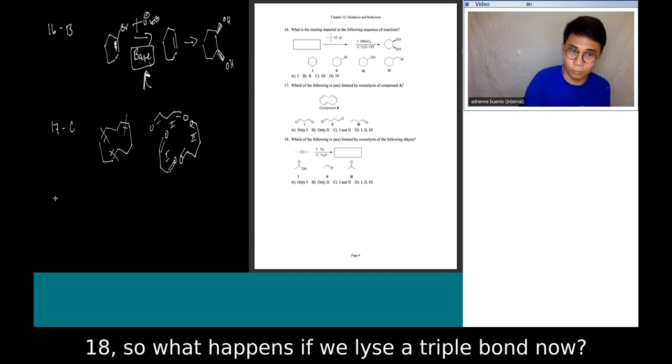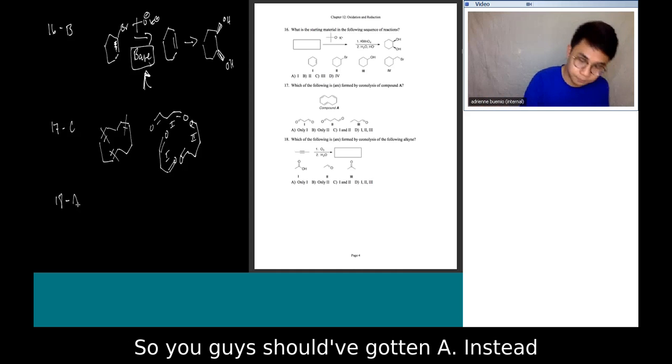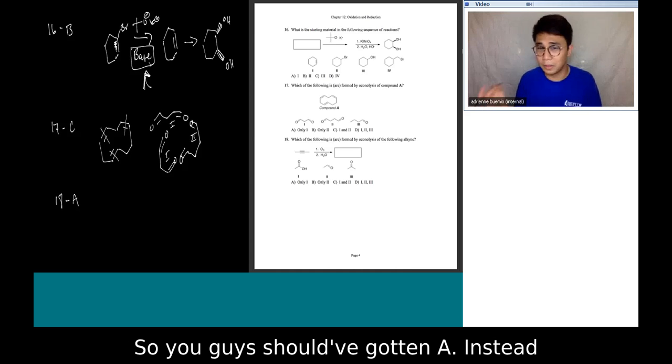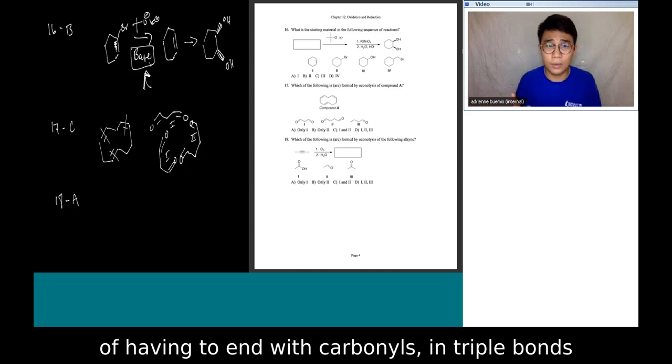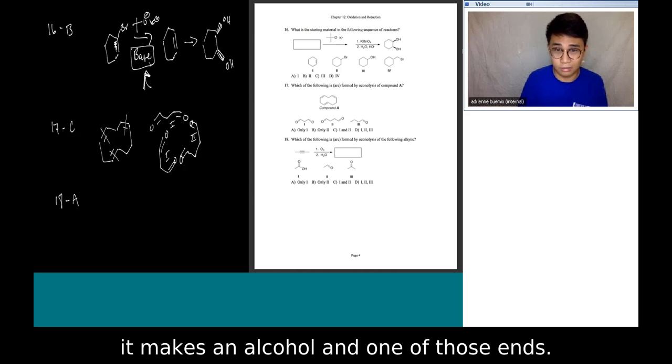18. So what happens if we lyse a triple bond now, right? So you guys should have gotten A. Instead of having two ends with carbonyls, in triple bonds, it makes an alcohol in one of those ends, right?